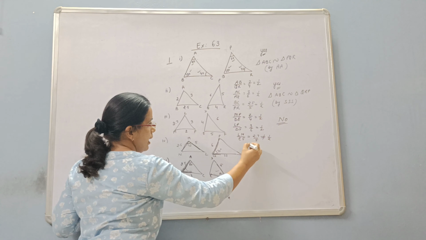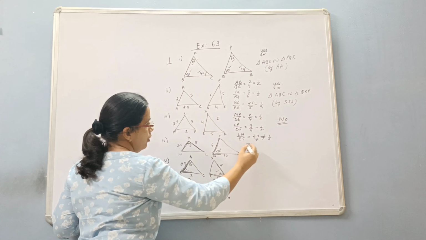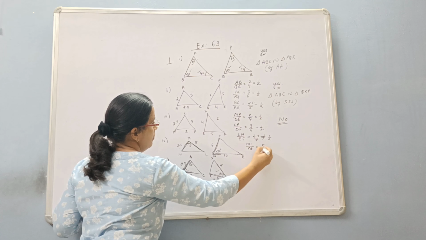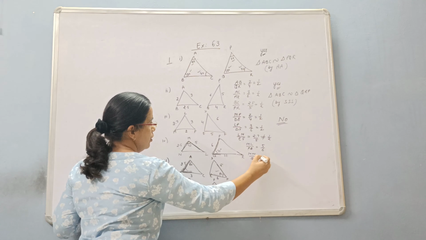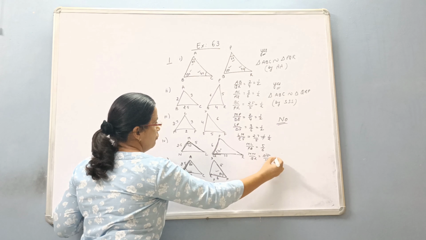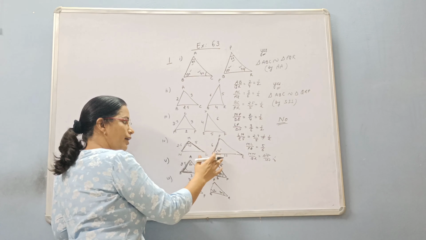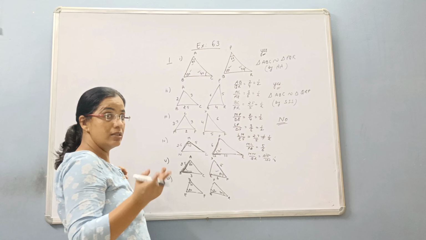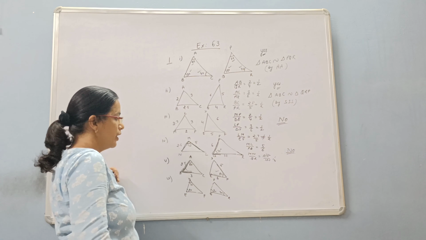You can write ML upon PQ, that is 5 by 6, and MN upon QR 2.5 by 10, that is 1 by 4. So the sides are not proportional. Okay, the angle between them is equal, but the sides are not proportional, so triangles are not similar.